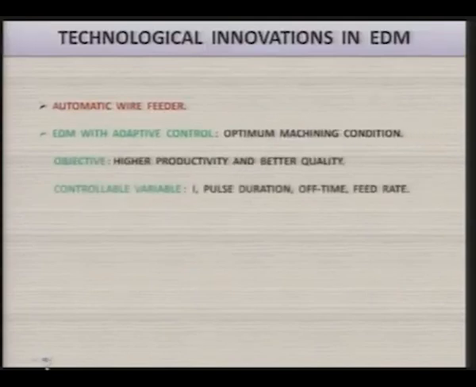There are automatic wire feeder, EDM with adaptive control is there, where you can run the machine most of the time under optimum cutting conditions. Objective is higher productivity and better quality when you are using the adaptive control, because most of the time you are running the machine under the optimum conditions, and controllable variables are current, pulse duration, off time of the pulse and feed rate.